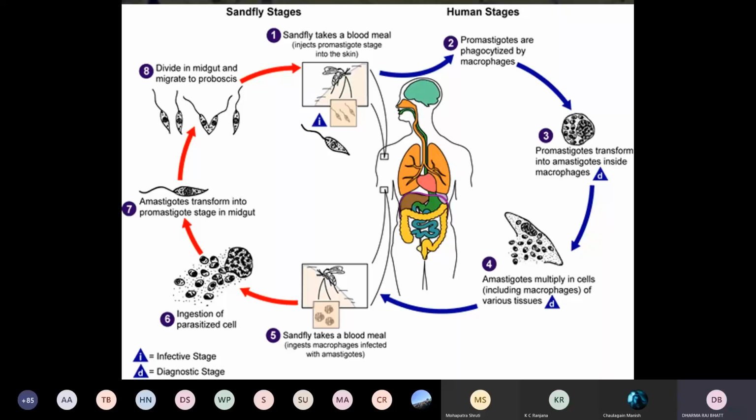So I suggest all of you go through number 2, from 1 to 5, 6, 7, and 8, and then you will understand most of it. Take a few minutes to have a look at it, and then we'll discuss more.